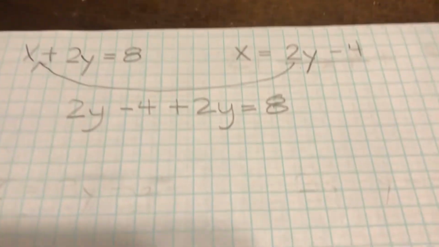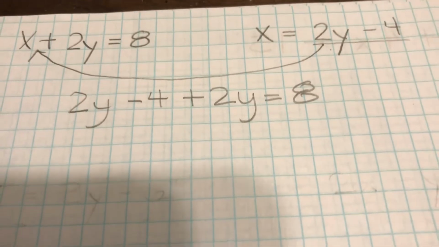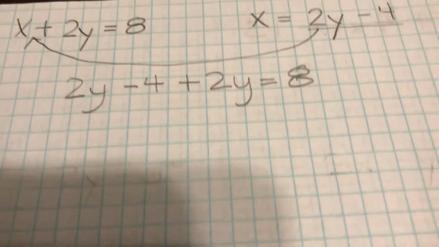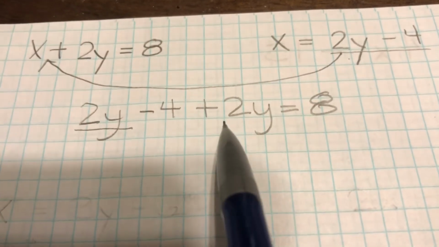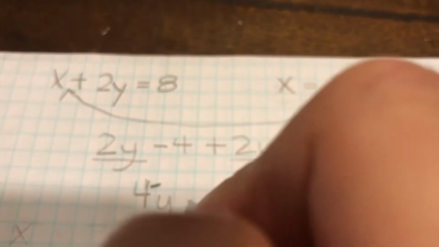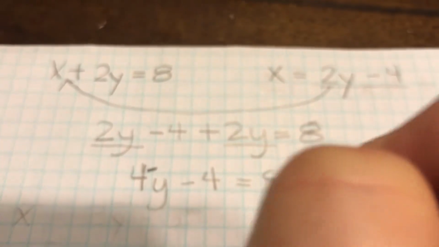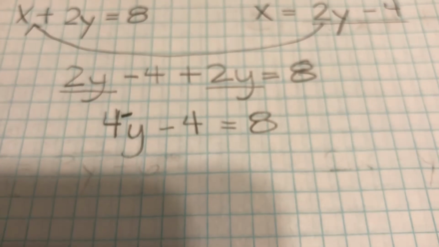Once I do that, it's just going to give me a multi-step equation. I don't have any distributive this time, but I do have two variables on the same side, so I'm going to combine that 2y plus that 2y. That's going to give me 4y minus 4 is equal to 8. Now it's just a little two-step equation.